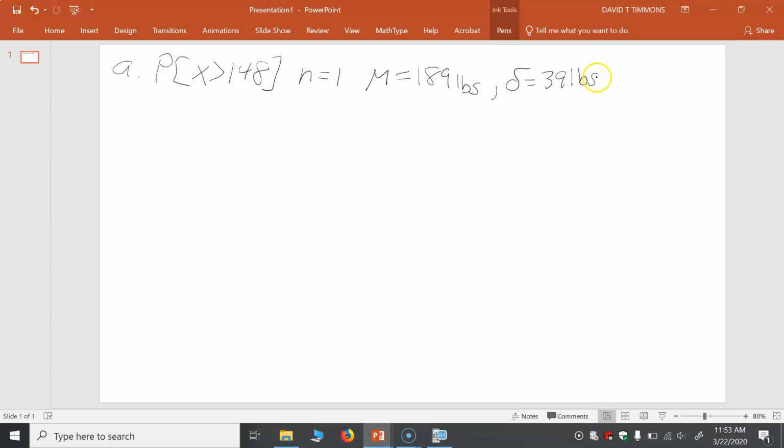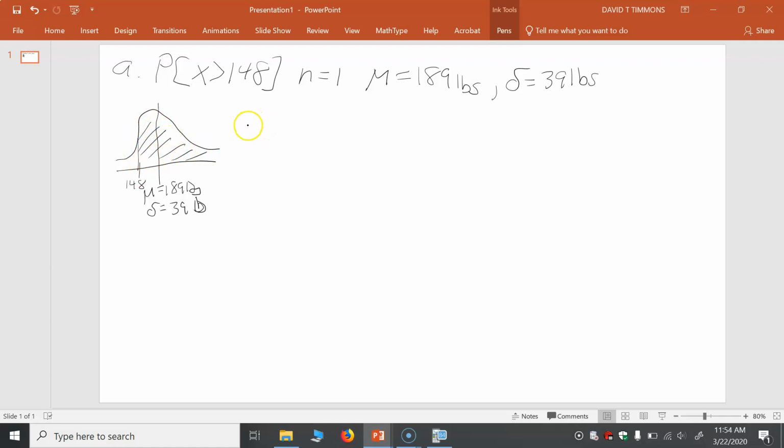Remember, in any normal distribution problem, identify mu and sigma. And as I've always said, you want to draw a picture. So if I draw that normal distribution, mu is 189, sigma is 39 pounds. This is our distribution, and 148 might be over here somewhere. So we're going to look for this probability.